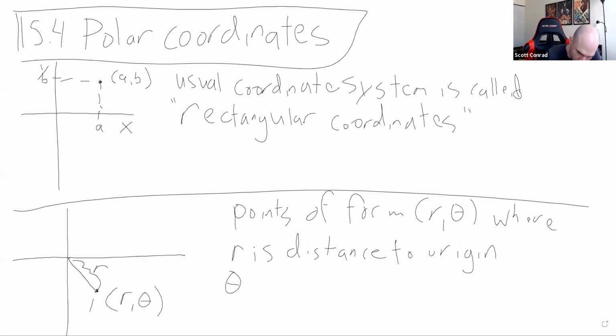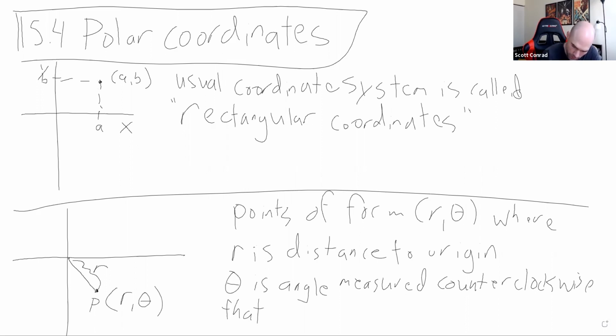So if this is our point, let's call this point P. Theta is the angle measured counterclockwise that the line OP makes with the positive x-axis, where O is the origin here.